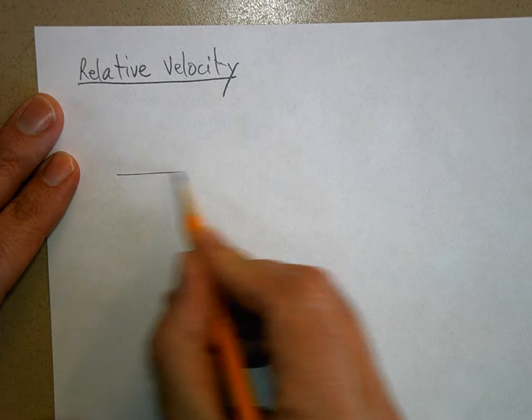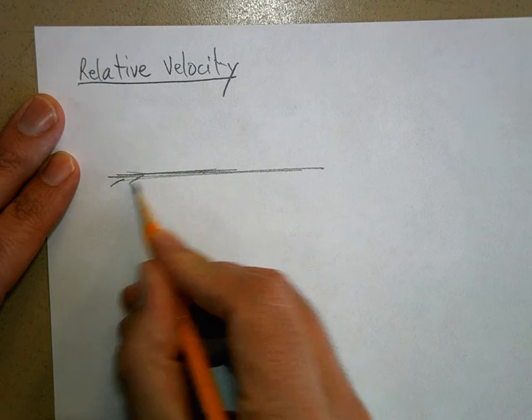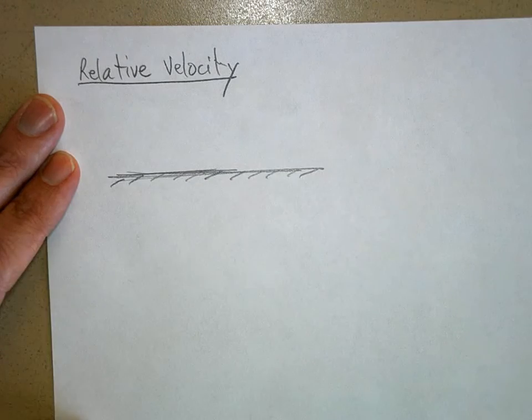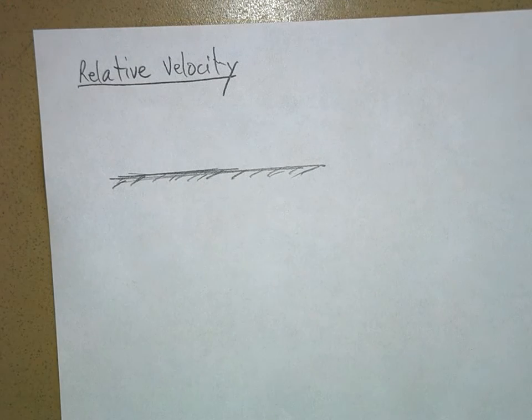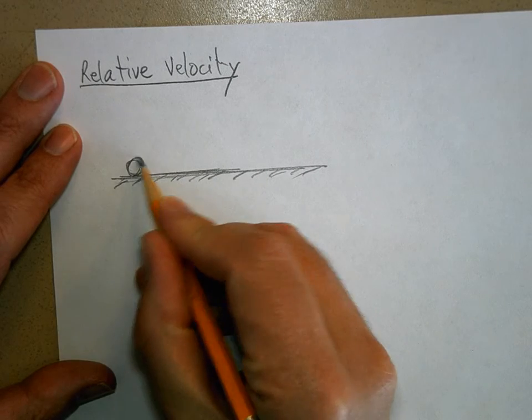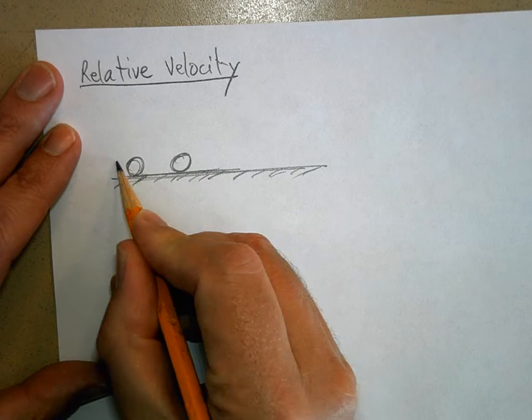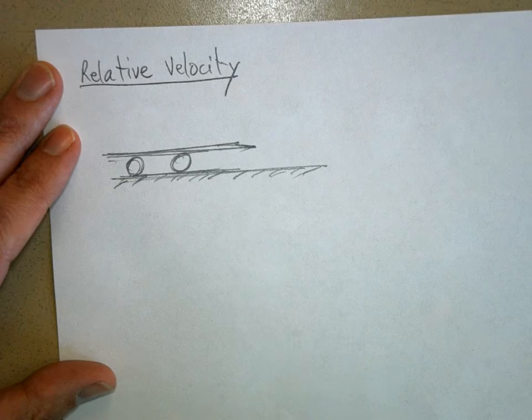Suppose Garrett, here's the ground. This is how I draw the ground. Whenever I draw a straight line and draw little hash marks like that, that means this is the ground. It's fixed. It's not moving. But on the ground here is a train track. I'm not going to draw the tracks, but imagine you've got a flatbed train.